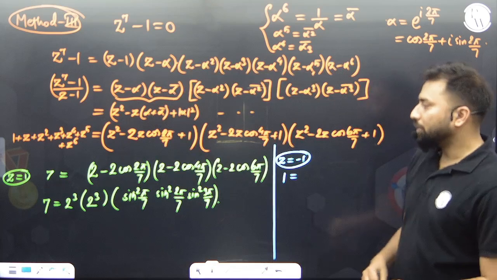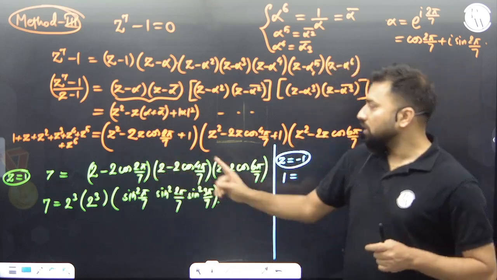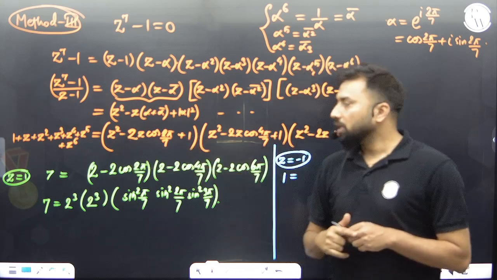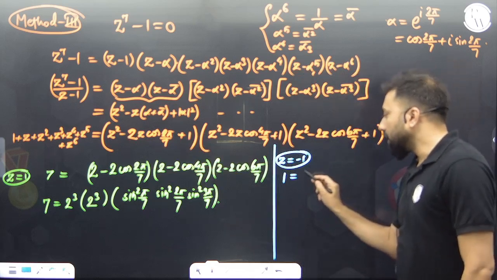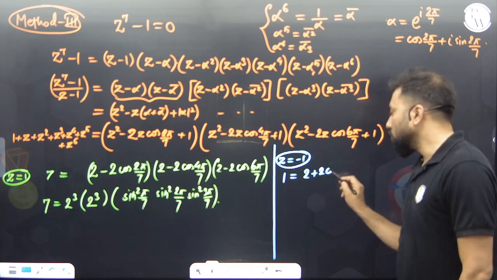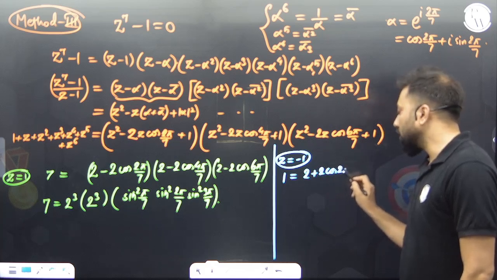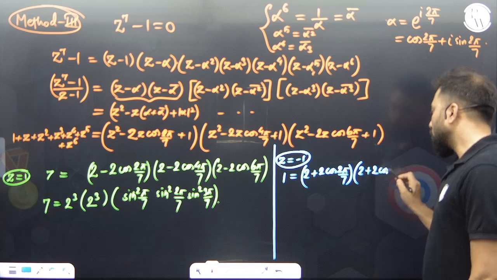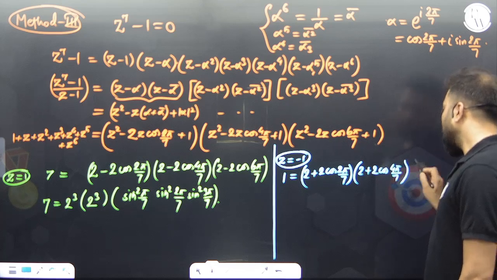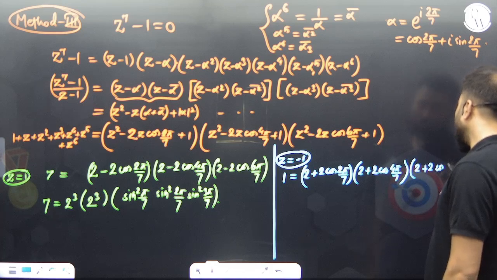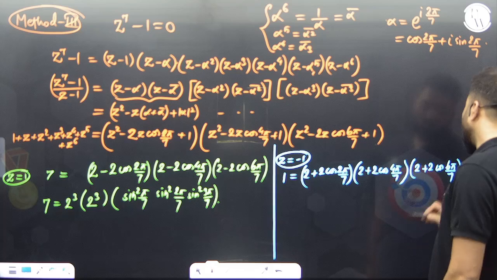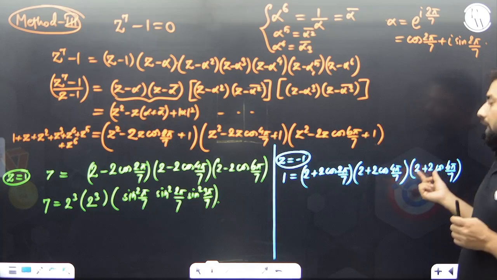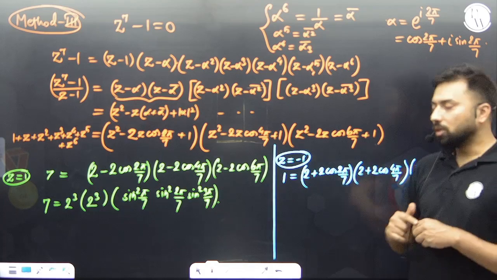On the right hand side, again 1 plus 1 is 2, and this is plus 2 times cos, so I can write 2 plus 2 cos 2 pi by 7, into 2 plus 2 cos 4 pi by 7, and 2 plus 2 cos of 6 pi by 7. Now 2 can be taken common from each bracket.